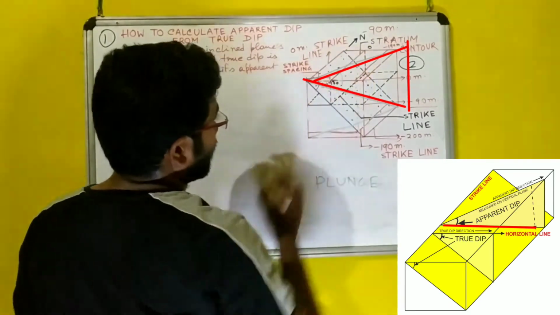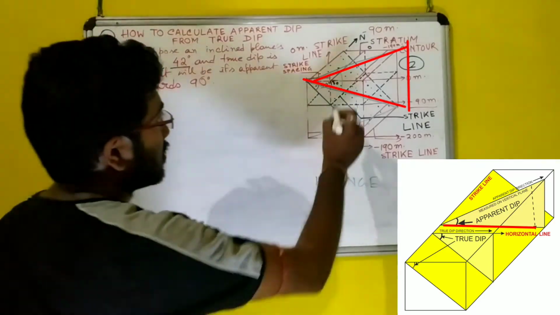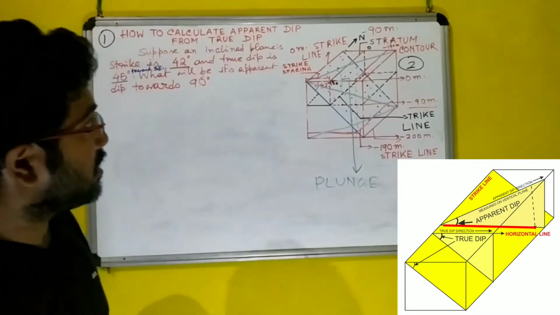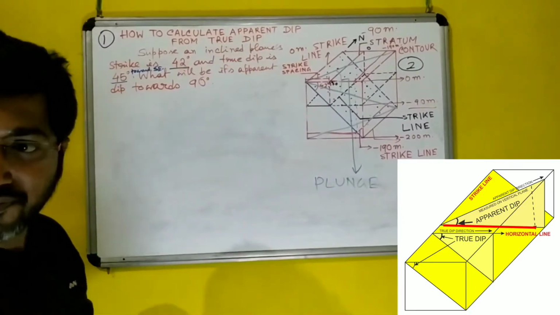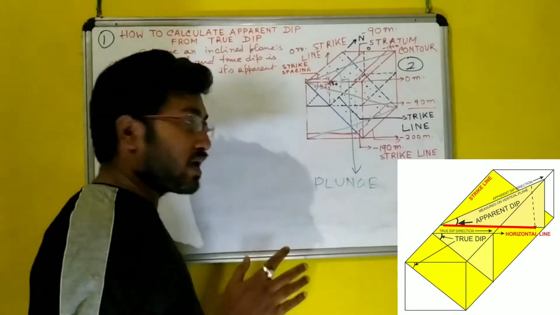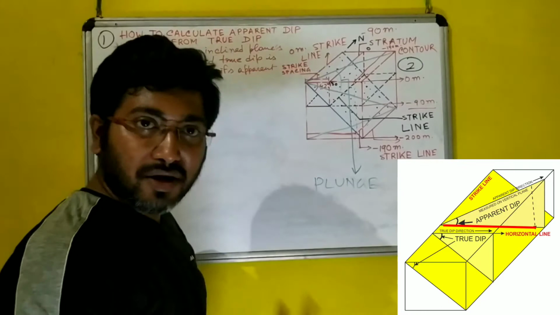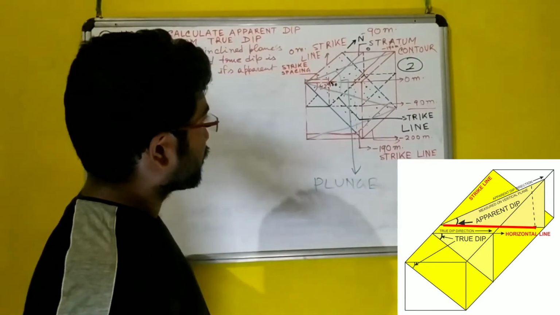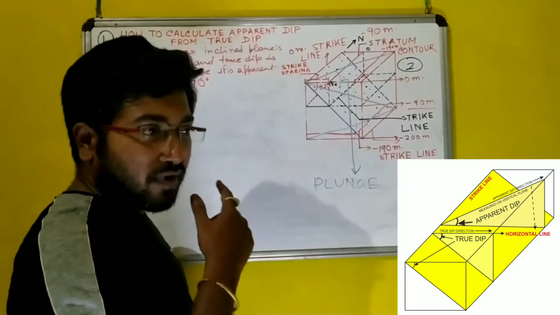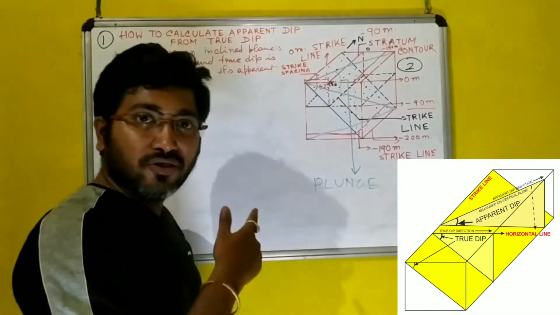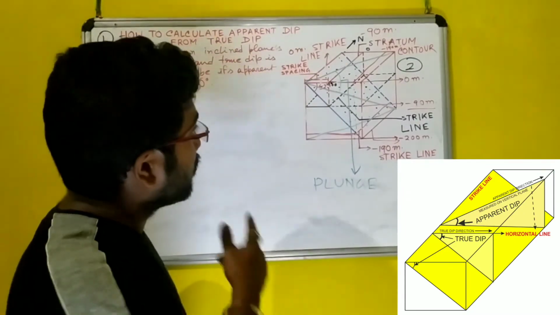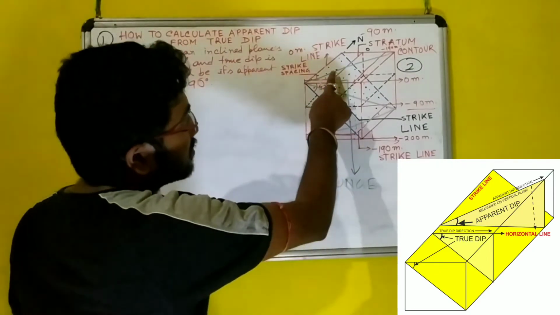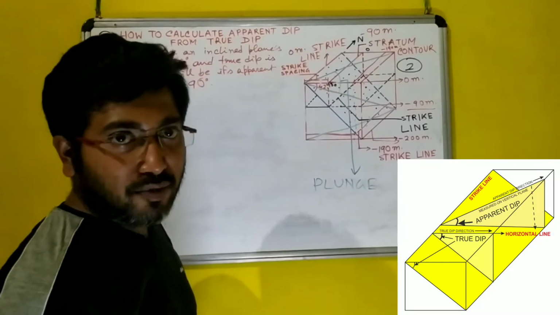And this angle is the inclination of that line. So to calculate apparent dip in any direction, you have to find a line lying on that inclined plane along that direction, and you have to find the plunge of that line. As simple as that.